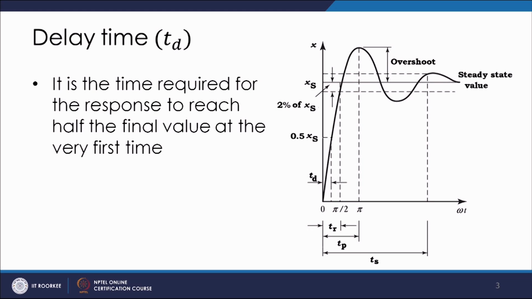It is a measure of how fast your system responds to the input signal. So, with the rise time we can judge how quickly the system responds to the given input.